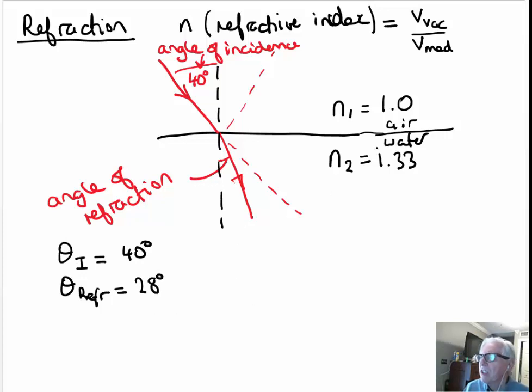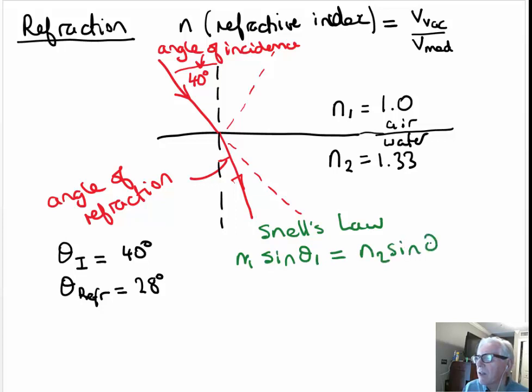Now, there's a law which links these things together. It's called Snell's law, and it says n1 sine theta 1 is equal to n2 sine theta 2. Let's see if that works out.